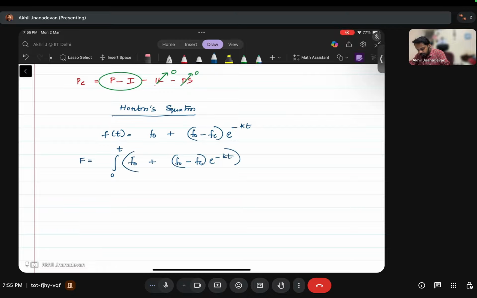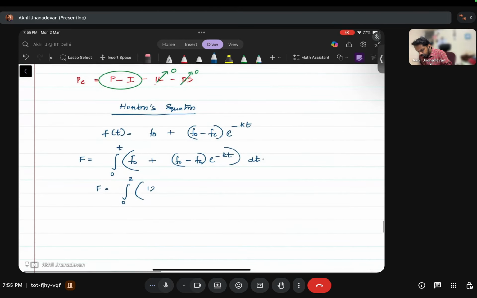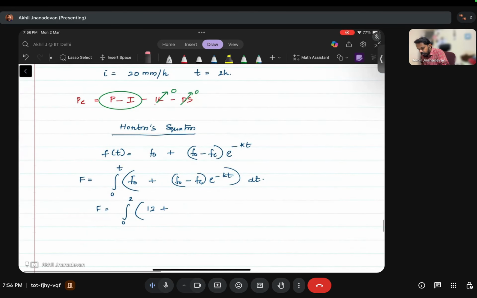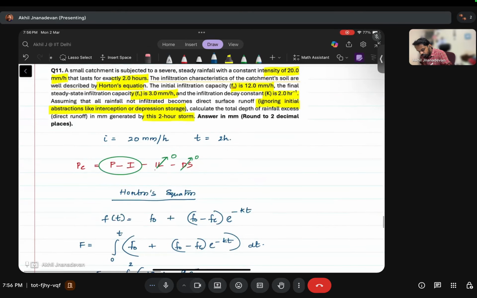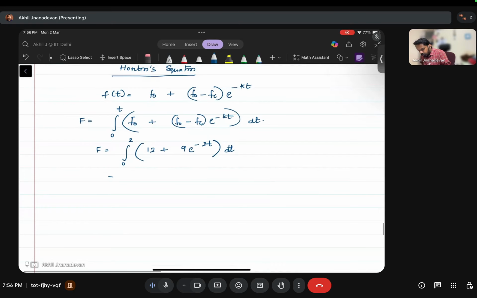So F will be the integral from 0 to 2 hours of Fc plus (F naught minus Fc) e raised to minus kt. F naught, the initial infiltration rate, is given as 12, so 12 minus 3, where 3 is the infiltration capacity, the constant rate of infiltration. So 12 minus 3 is nothing but 9, and 9 e raised to minus 2t dt.